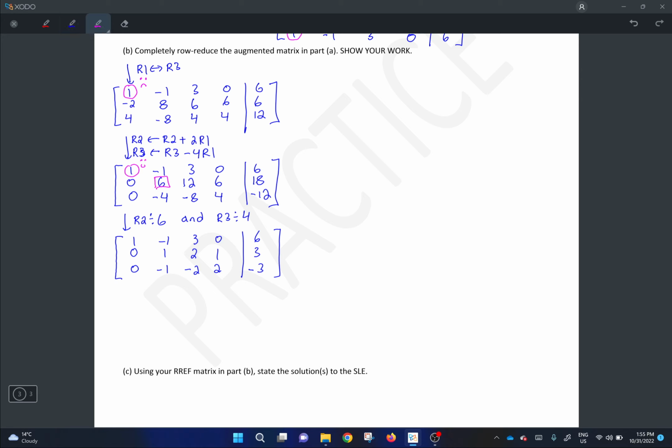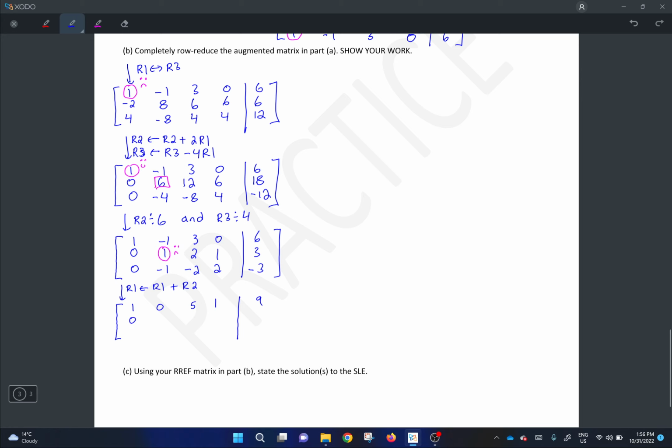So I have this leading 1 here in the middle, but it's unhappy because above and below it doesn't see 0. So my next step is I'm going to replace row 1 by row 1 plus row 2. So I'll have 1 plus 0, negative 1 plus 1, 3 plus 2, 5, and then 1 plus 0, 1, and 3 plus 6, 9.